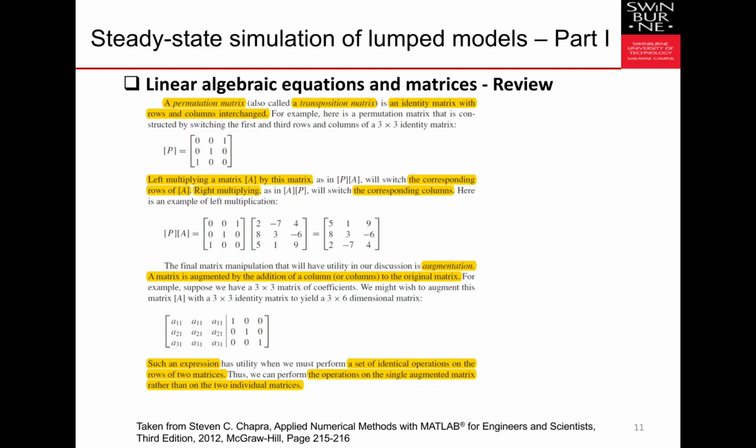We also have several different matrices, like a permutation matrix, which is an identity matrix with rows and columns interchanged, as you can see here. If we multiply a matrix A by this permutation matrix, we switch the corresponding rows. The final matrix manipulation that will have utility is an augmented matrix, which is the original matrix with the addition of a column.